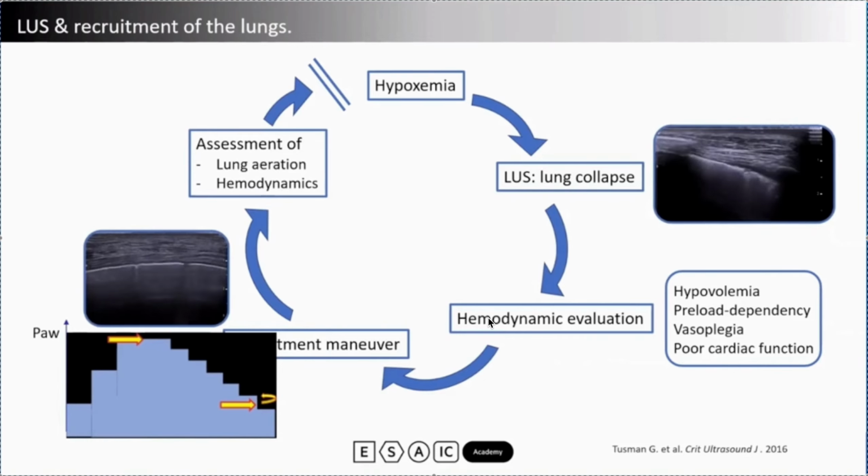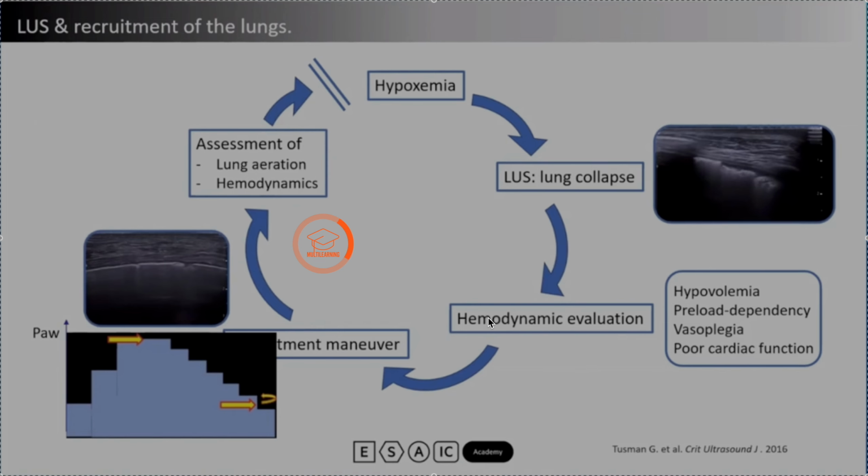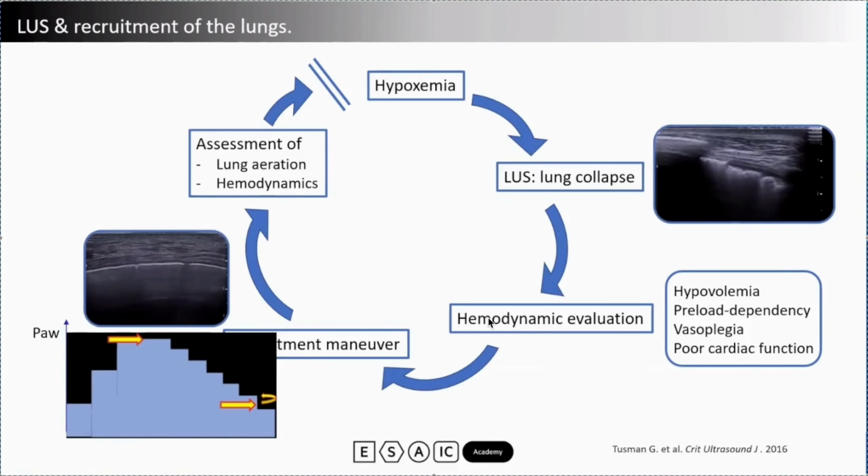Few years ago already. But once you detect lung collapse and your patient is hemodynamically stable, you can use a recruitment maneuver. I don't want to discuss in detail how or which maneuver to use, but you can apply a recruitment maneuver and look with lung ultrasound how this lung collapse goes into a normal lung, as you can see here.